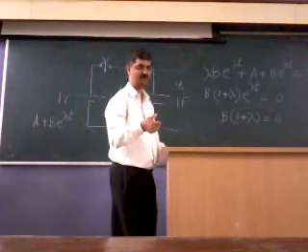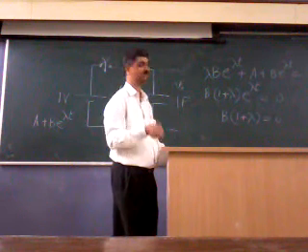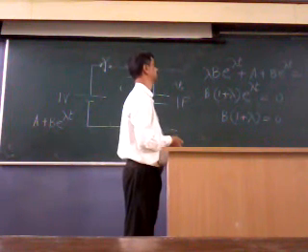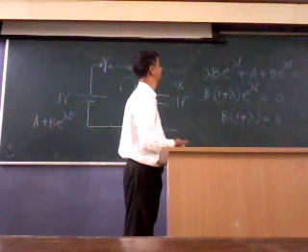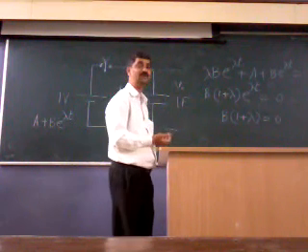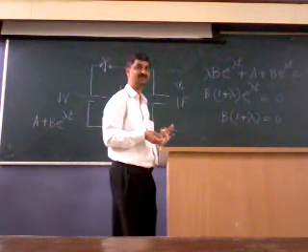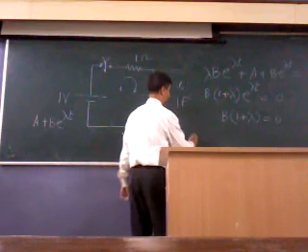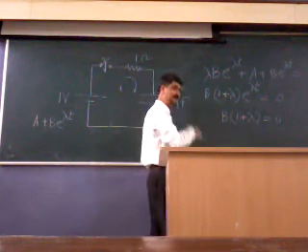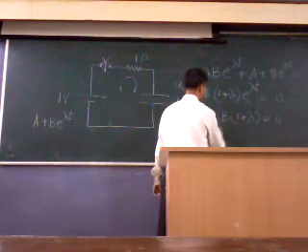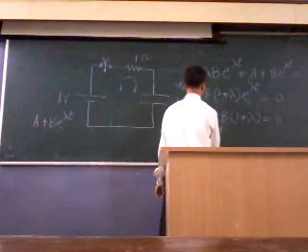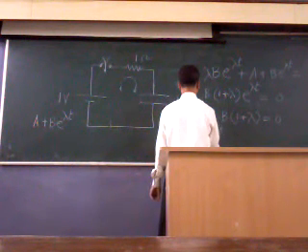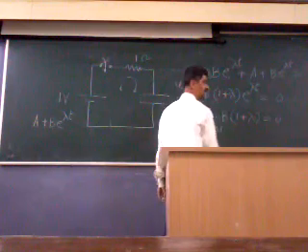But now how to go for the next? What is V0t? We have to assume A plus B e raised to lambda t.